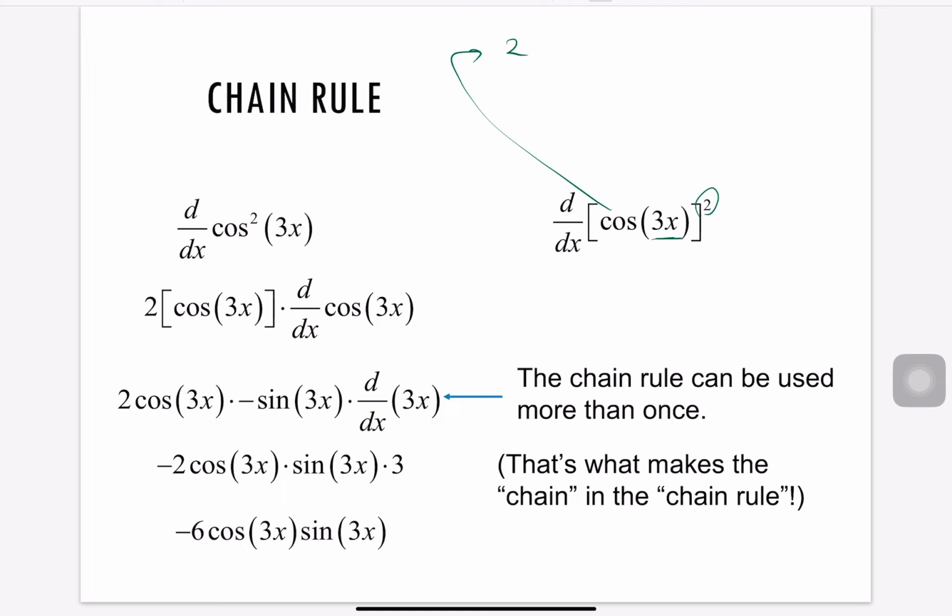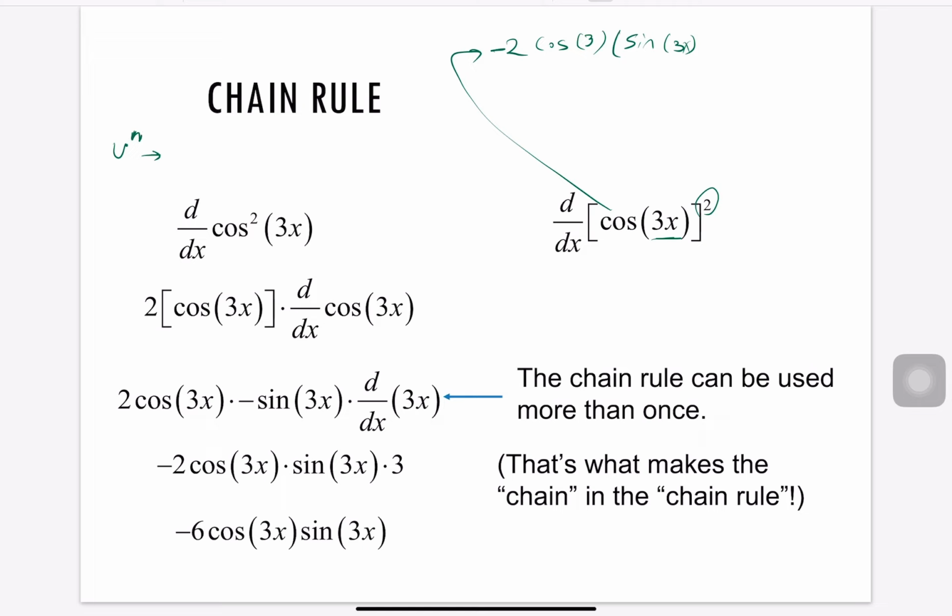Cosine x will be cosine 3x, and inside it will be sine 3x, and the sign will be negative. Why? I will show you the formula.